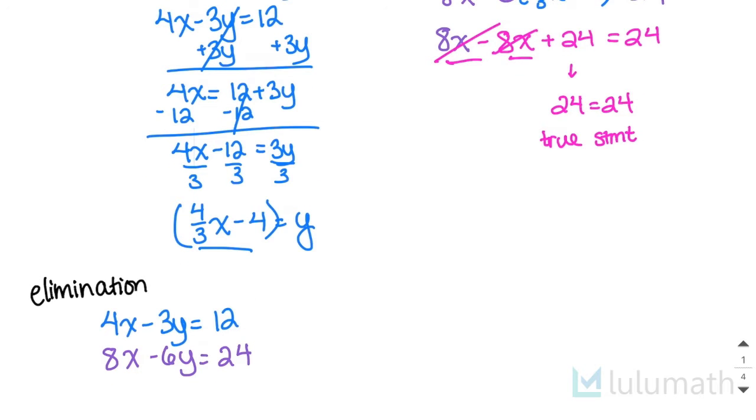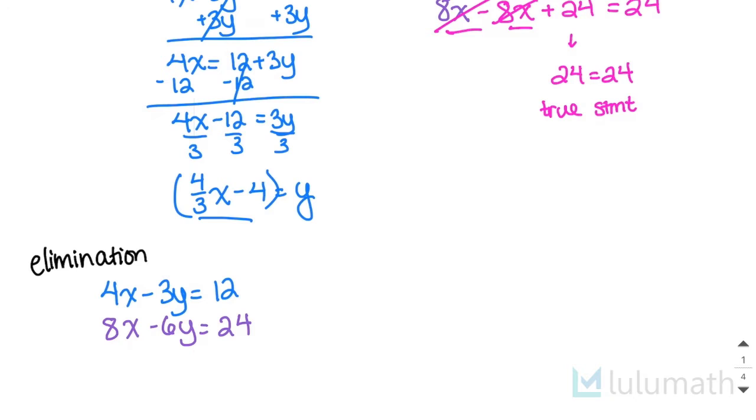So I'm going to look for the LCD or LCM of 4, right here is my coefficient for this x, and this coefficient is 8. So the LCM of 4 and 8 is 8 because multiples of 4 would be 4, 8, 12, and 8 is a multiple of itself, okay?